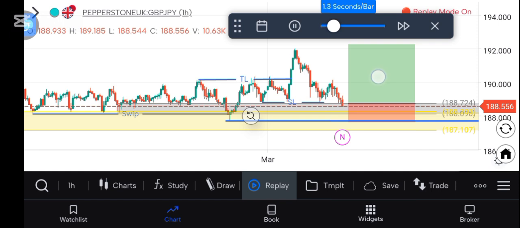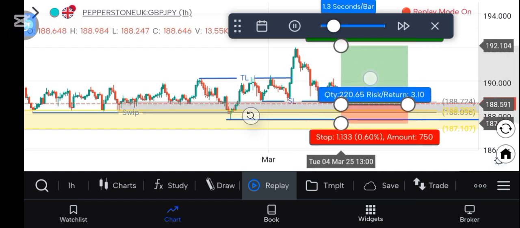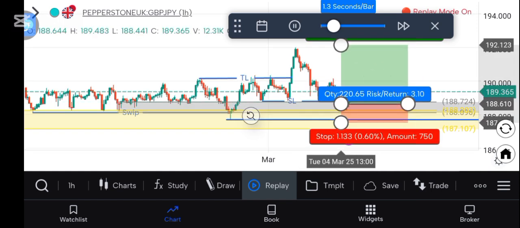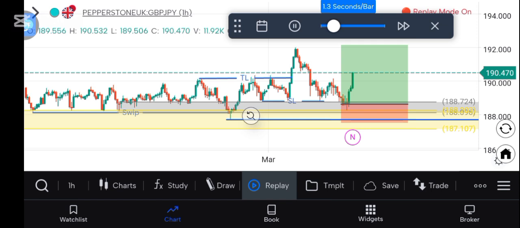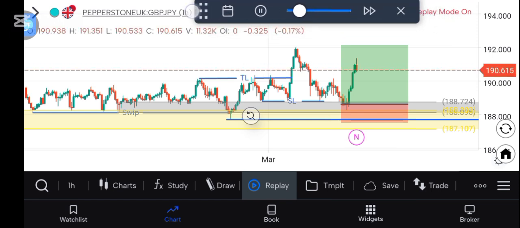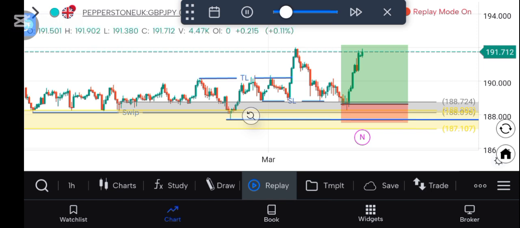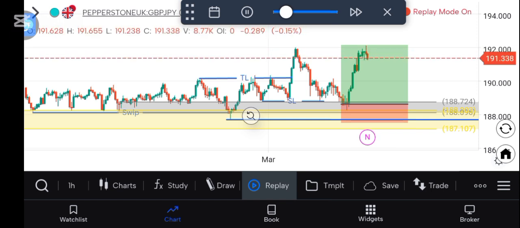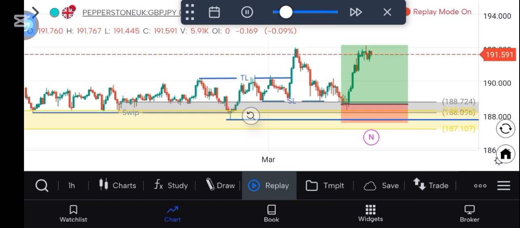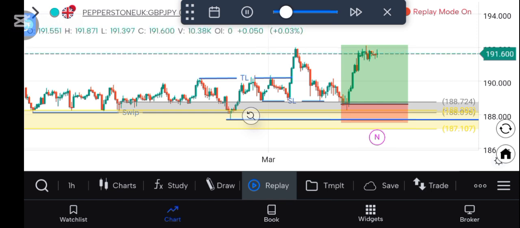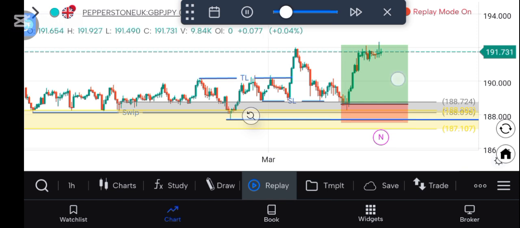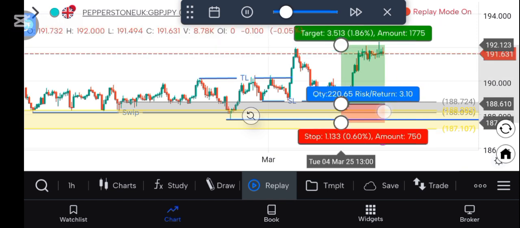And now price has started, and price went in our direction. Now the trade has been closed.